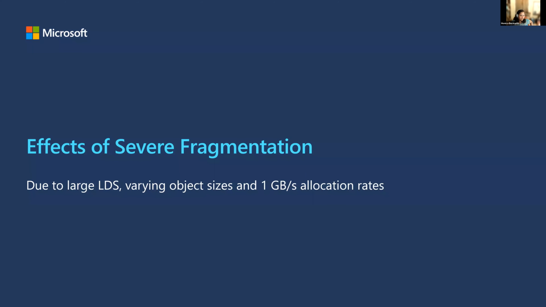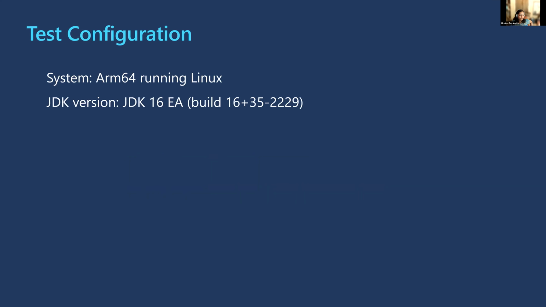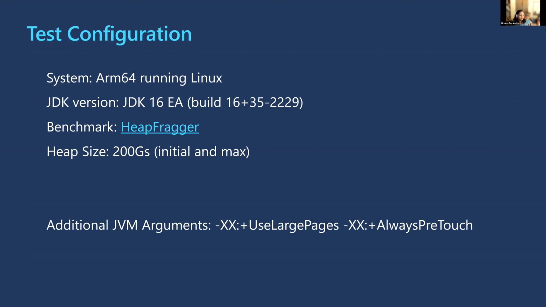So this is only with JDK 16, because I haven't repeated the experiment with 17. I used a benchmark called HeapFragger, by Gil Tene of Azul. As the name says, it tries to fragment the heap. This particular system was a big system, so I could do 200 gigs.